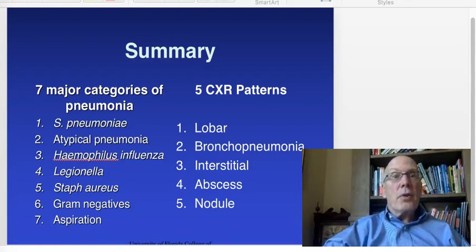There are 7 major categories of pneumonia: strep pneumoniae, atypical pneumonia, Haemophilus influenzae, Legionella, Staph aureus, gram-negatives, and aspiration pneumonia. And there are 5 chest x-ray patterns: lobar, bronchopneumonia, interstitial, abscess, and nodule.